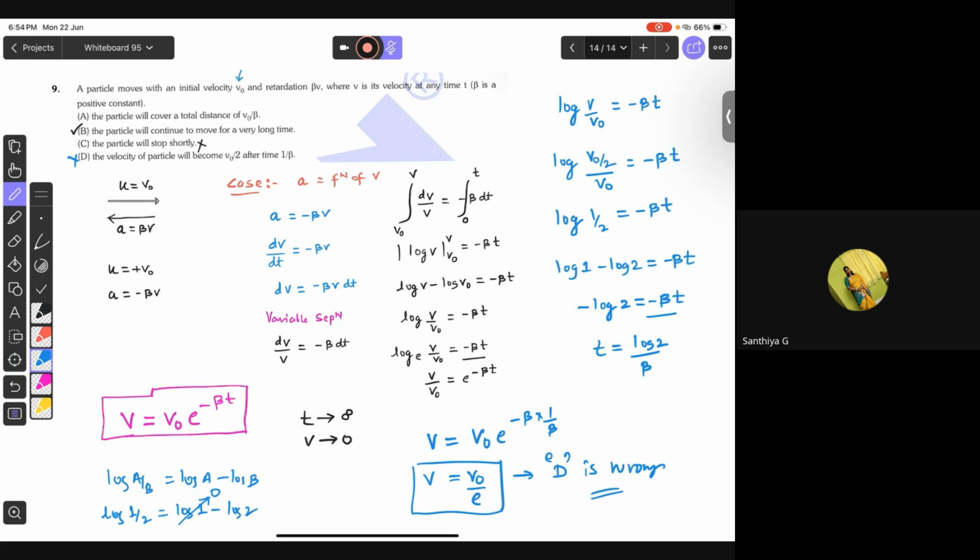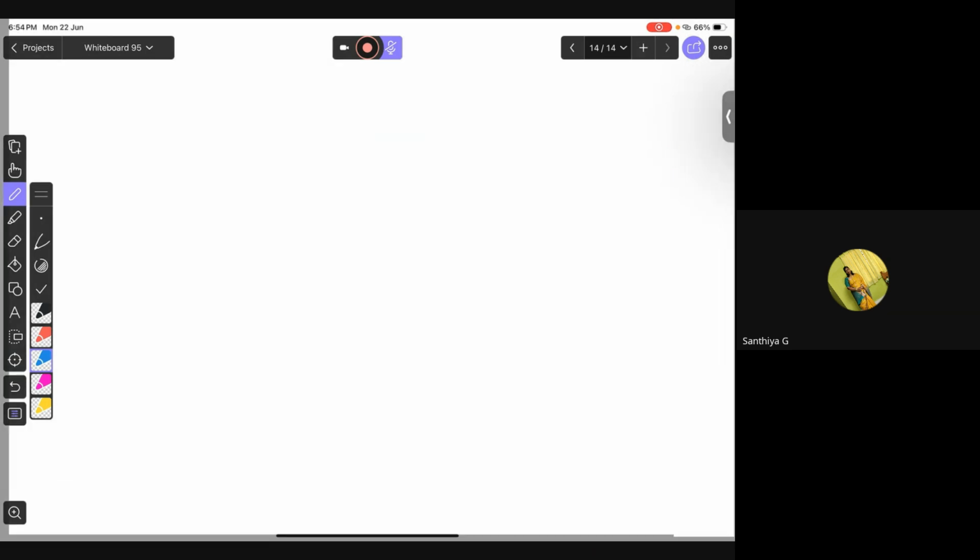Okay, then let's see what to do for the next case. So if I have to find displacement in some time interval, so we write V as dx by dt, or suppose velocity is given to you as a function of time, we write dx by dt is equal to the velocity given to us as some function of time.